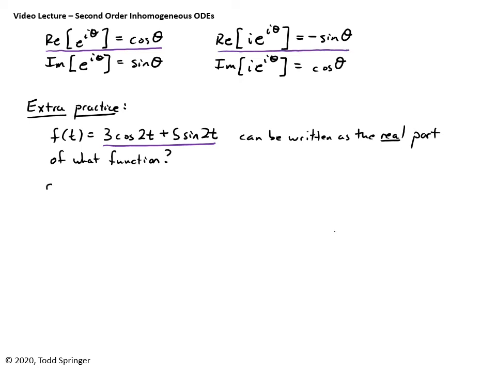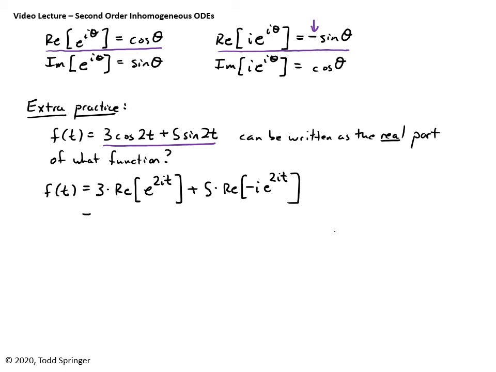So I'm going to have here f of t is equal to 3 times the real part of e to the 2it plus 5 times the real part of minus i e to the 2it. The minus sign there is this minus sign. So I replace sine of 2t with minus the real part of i e to the 2it.